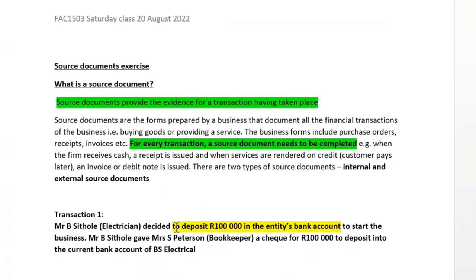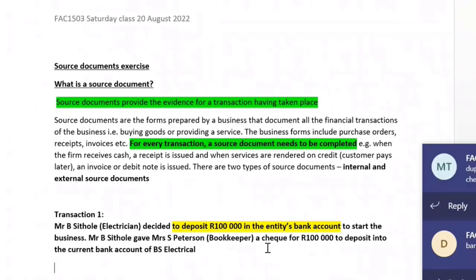So the main thing here is that he decided to deposit 100,000 in the entity's bank account, and also gave Mrs. Peterson a check of 100,000.